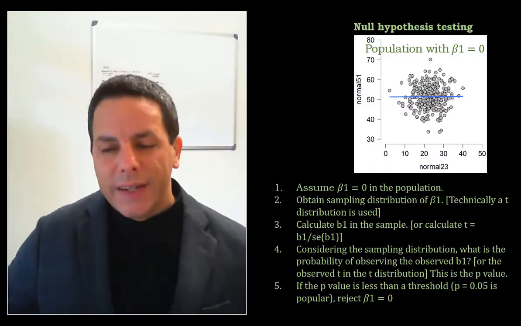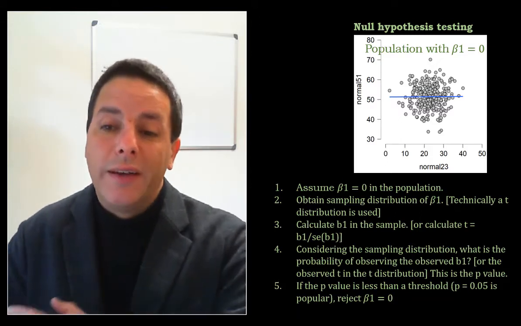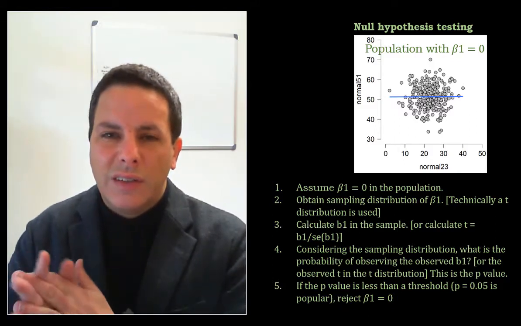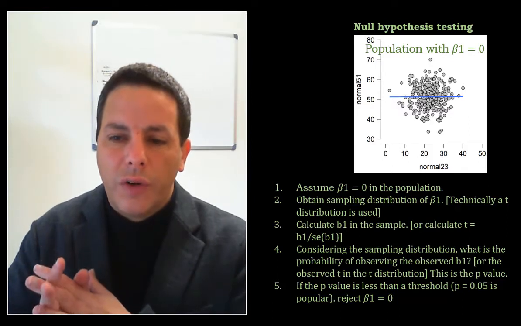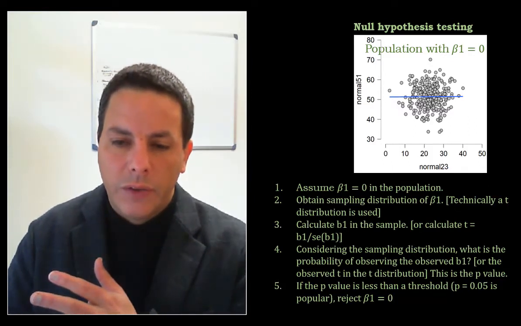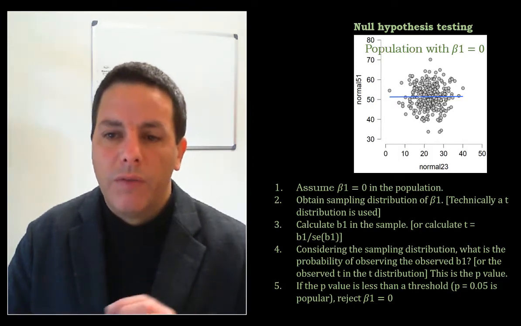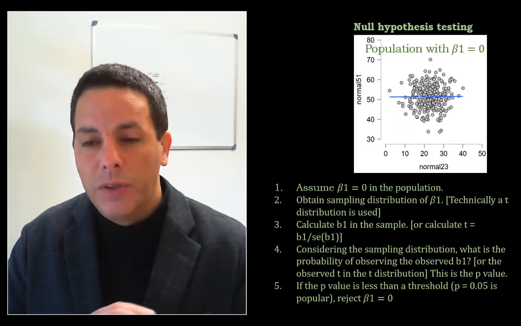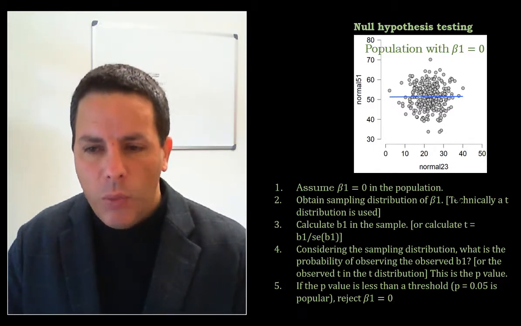Now, technically, people use the t-test, and that's what you get in the software. The last part of this process is obtaining a p-value. You will not get a p-value from the sampling distribution of the parameter; you get it from a t-distribution. And why is that?